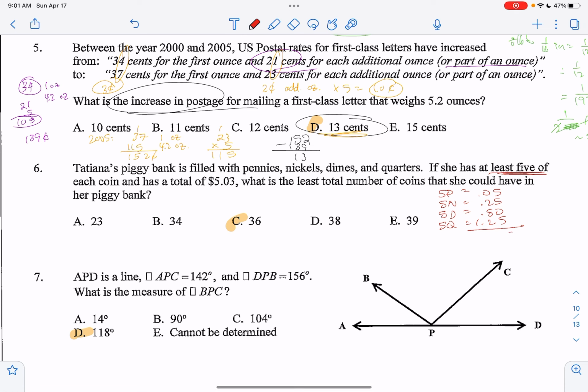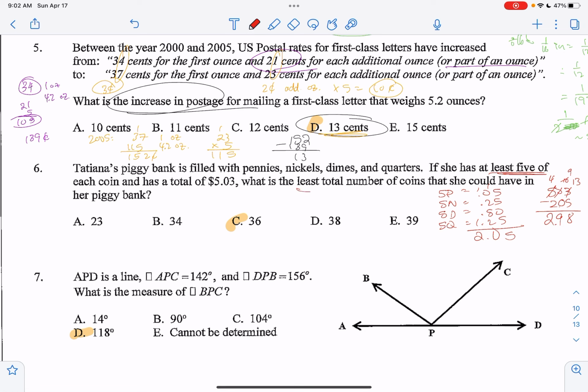So you add everything up. So she has $2.05. So you take 503 minus 205. She still needs an additional $2.98.